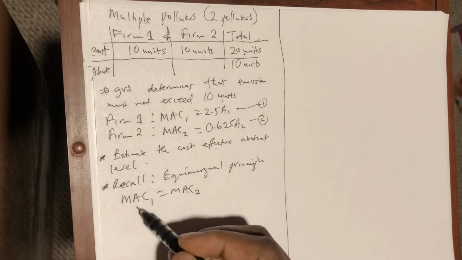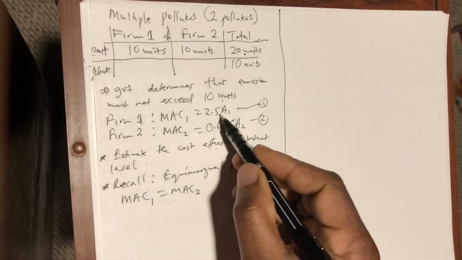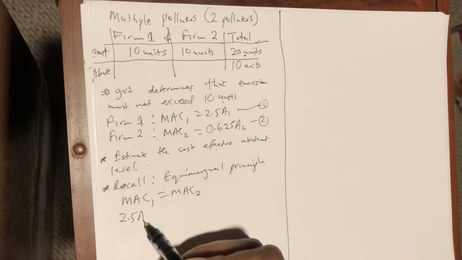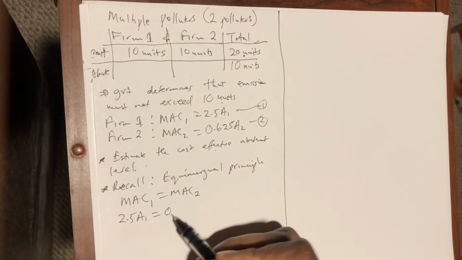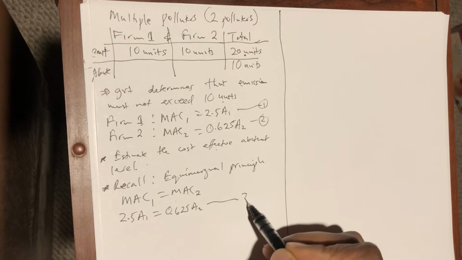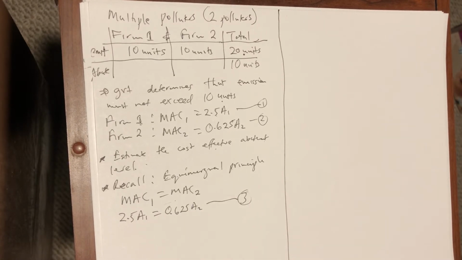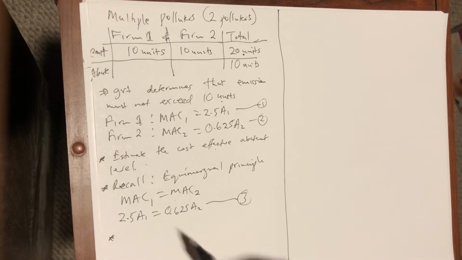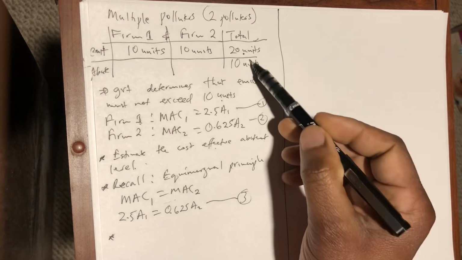Which means from here 2.5 A1 should be equal to 0.625 A2, right? So this is our equation 3. Then what is the total abatement?